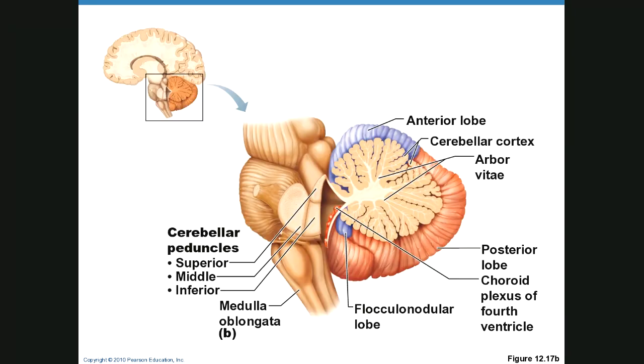Let's look at this picture. Anterior lobe of the cerebellum, posterior lobe, flocculonodular lobe up here, and here is cerebellar cortex, and the white matter is referred to as the arbor vitae, which means tree of life.